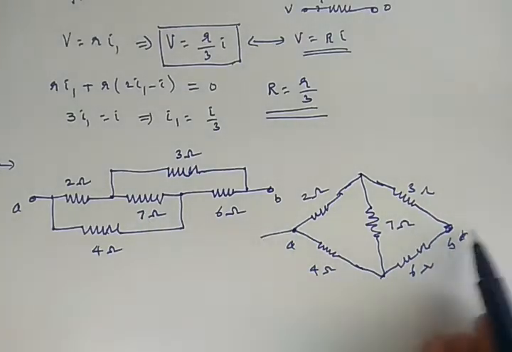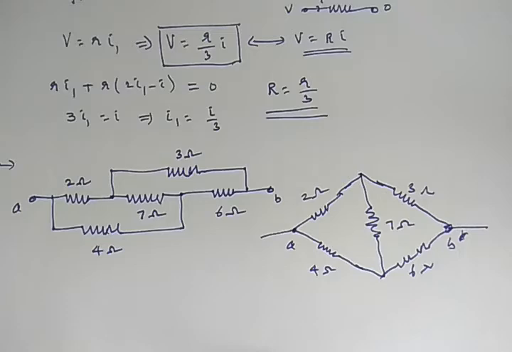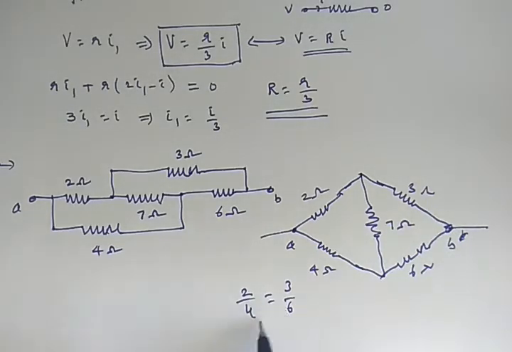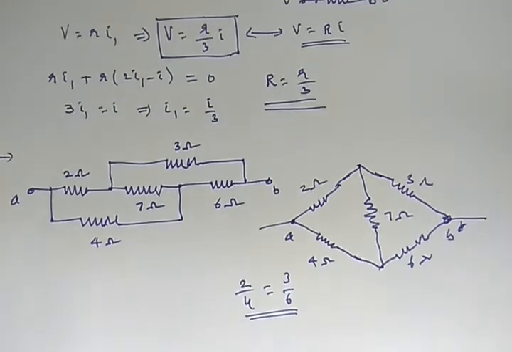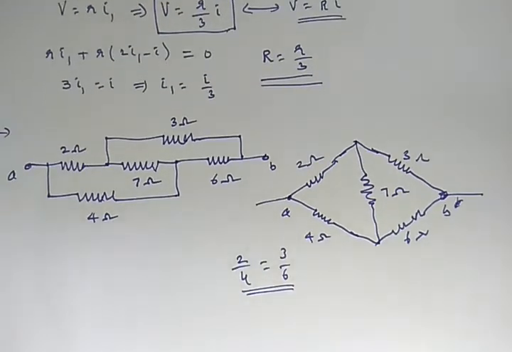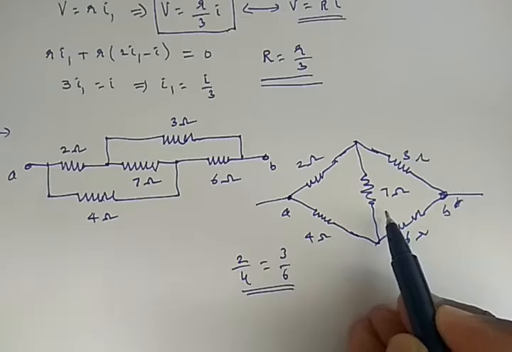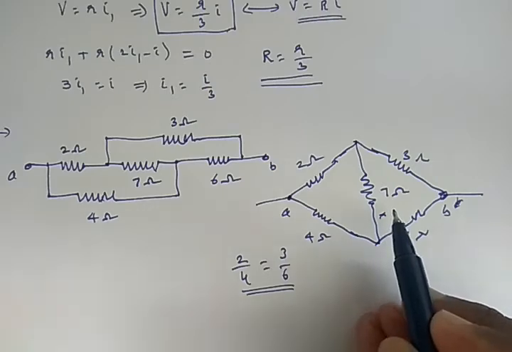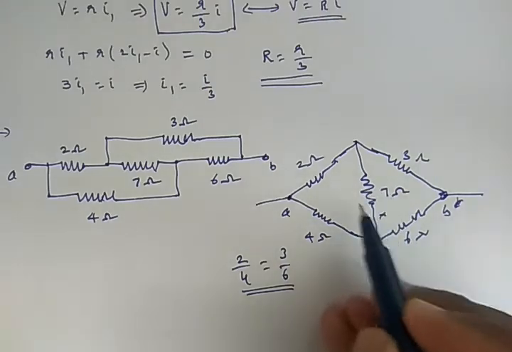Now this looks like a Wheatstone bridge, and the bridge is balanced here, because 2 by 4 equals 3 by 6. 2 by 4 is 1 by 2, and 3 by 6 is also 1 by 2. So the bridge is balanced. When the bridge is balanced, there will be no current through this line, so you can remove this resistor.